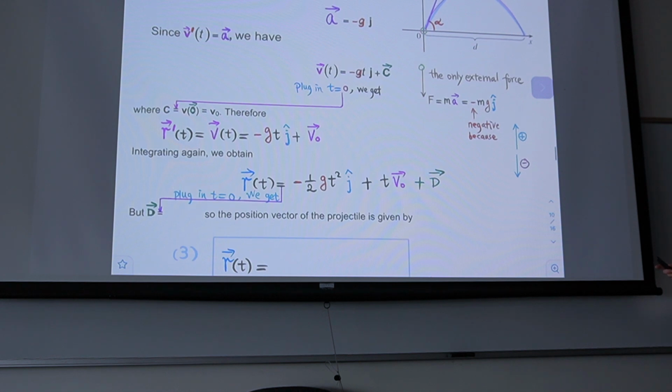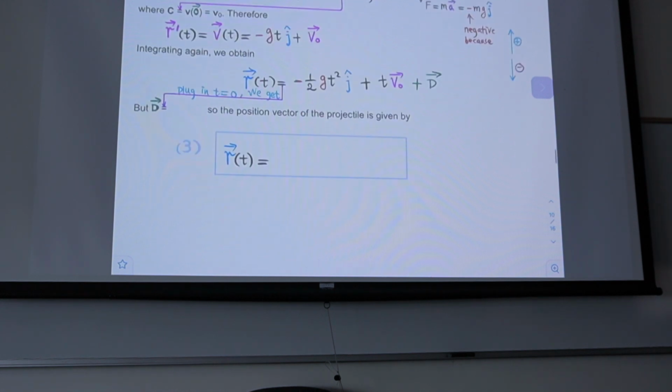It's 0. So in this case, d is equal to 0. So putting all this together, we put d equal to 0 here, and we get the vector function for the projectile.